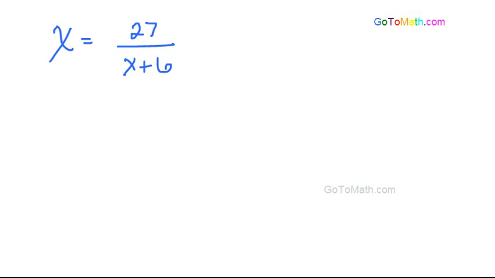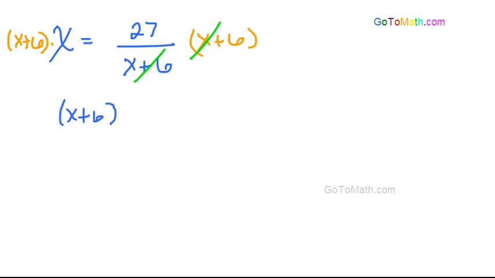So what we'll want to do is multiply both sides by x plus 6. So those will cancel out. X plus 6. There we go. And of course we'll be able to cancel them out now. So we have x plus 6 times x is equal to 27.